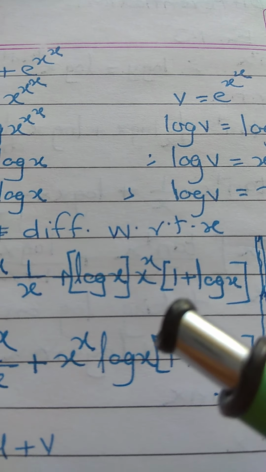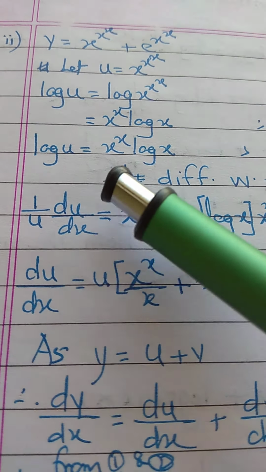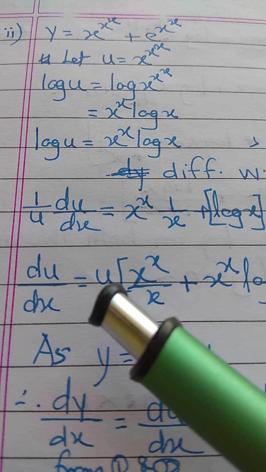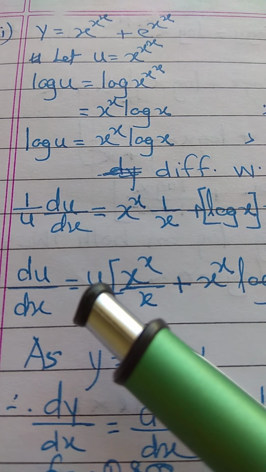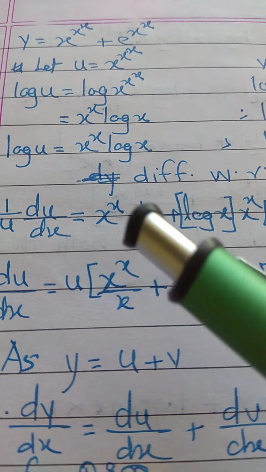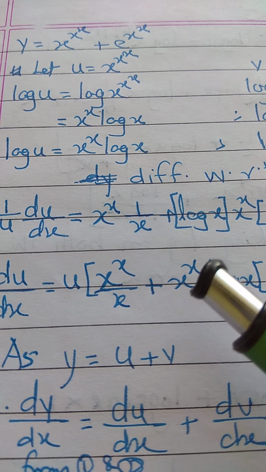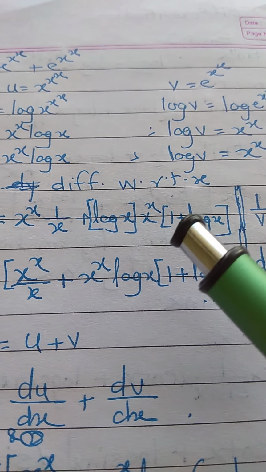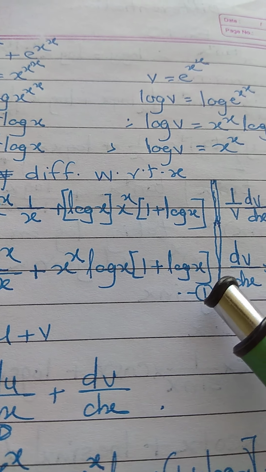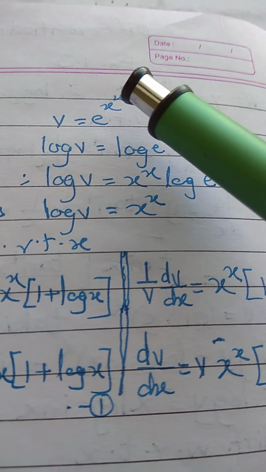Now this u will go up, so du by dx will become u into x raised to x upon x plus this x raised to x into log of x in bracket 1 plus log of x. This is number 1.